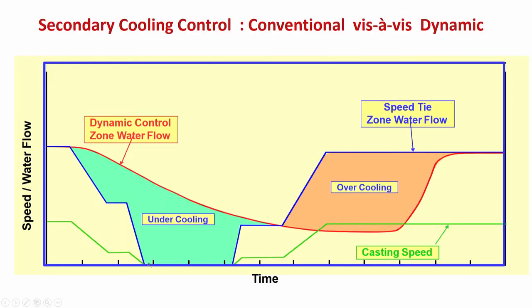Since cooling intensity is linked with speed, the amount of water is also coming down. There is a gradient, it is constant, then again it is coming down, then it is constant. Then finally you realize that now you have to increase the speed and go back to the normal one. Again you increase the speed in steps and finally go to the original speed.